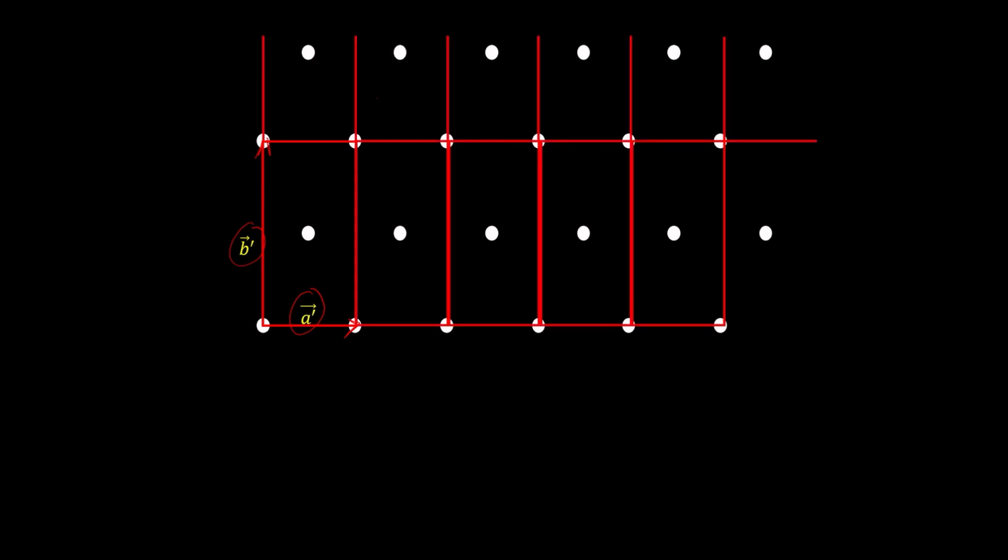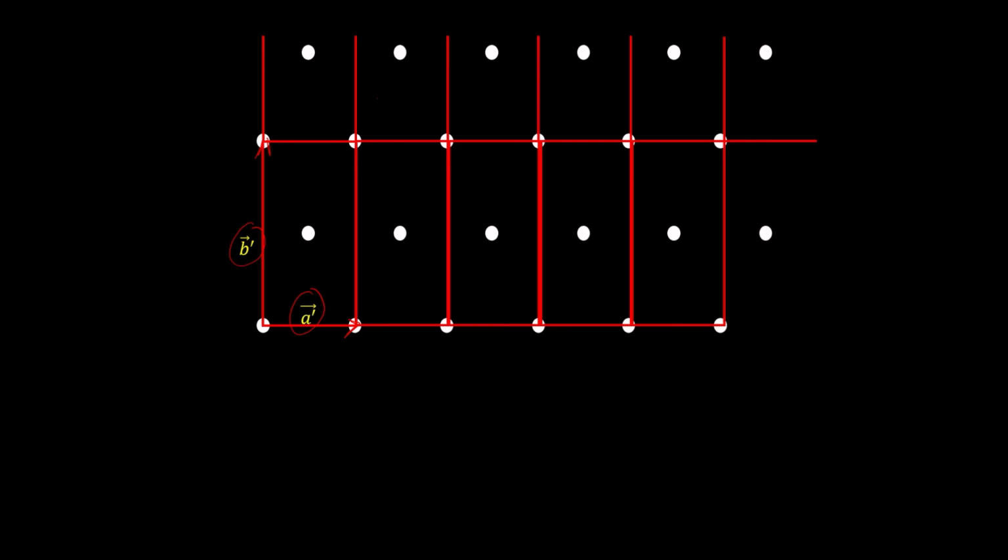Instead, we are going to consider another type of unit cell formed by some other lattice vectors A prime and B prime like this. You can see that this is a unit cell because you can create the entire structure by repeating this unit cell in the X and Y directions for this two-dimensional lattice.